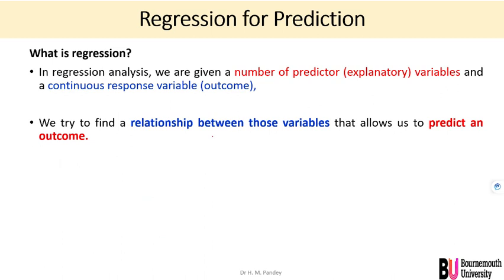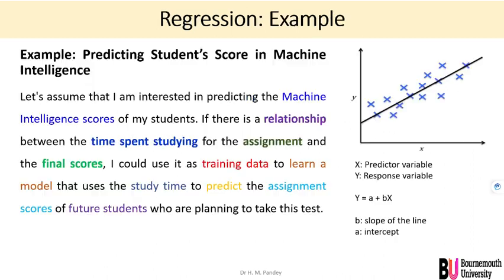It sets the relationship between input, that is the predictor, and response, and the answer will be the predicted response. I think you have studied this kind of thing in your schooling, especially in maths: y is equal to a plus bx.